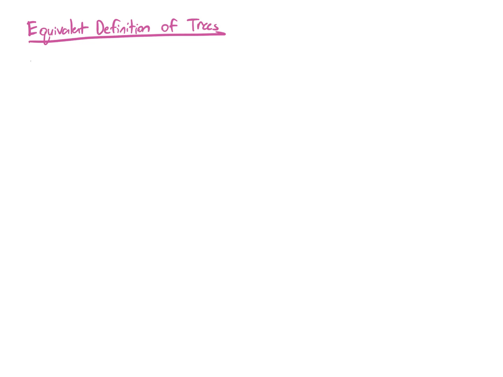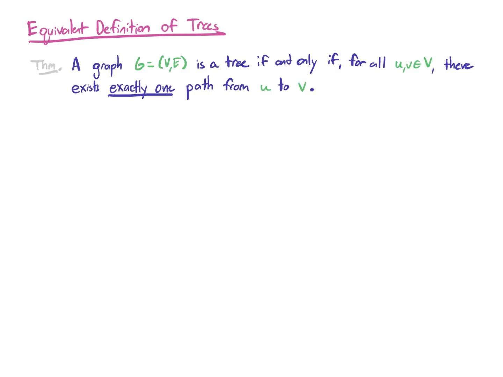So here's the equivalent definition. Our previous definition was connected and no cycles. This time, theorem: a graph is a tree if and only if for any pair of nodes u and v, there exists exactly one path from u to v, no more and no less.